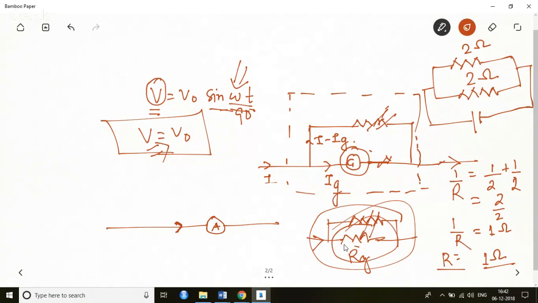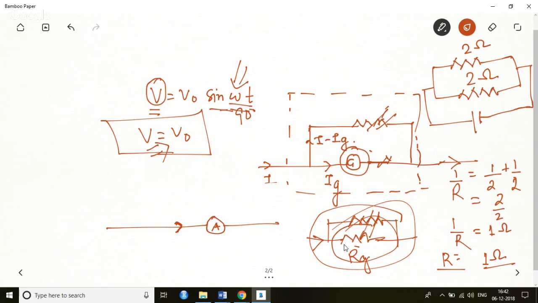Conversion of a galvanometer means you have to put it in series with the current carrying conductor in the circuit. Why does it have to be put in series? Because in series the same current would be passing through it. The second point we need to take care of is that the resistance of an ideal ammeter should be zero.